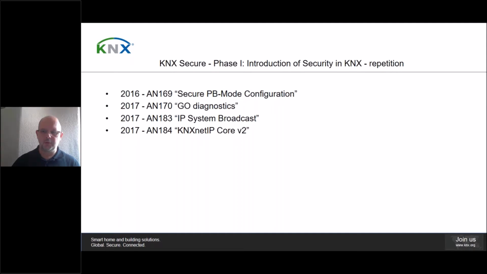Tunneling v1 servers just give a random tunneling slot, out of control of the tunneling client. Also, this application note introduces the new tunneling information DIB, which contains all tunneling individual addresses and indications whether these could be usable for the client, are free, or whether the client would be authorized to use these slots or not.